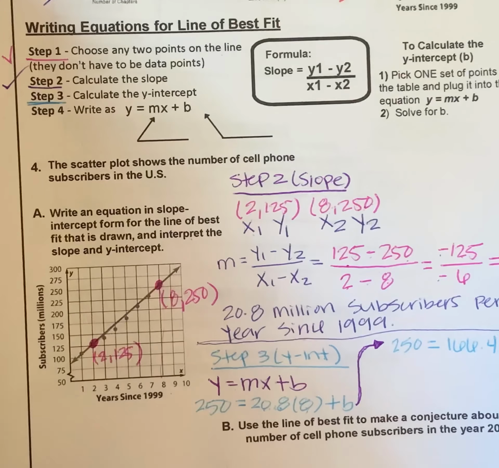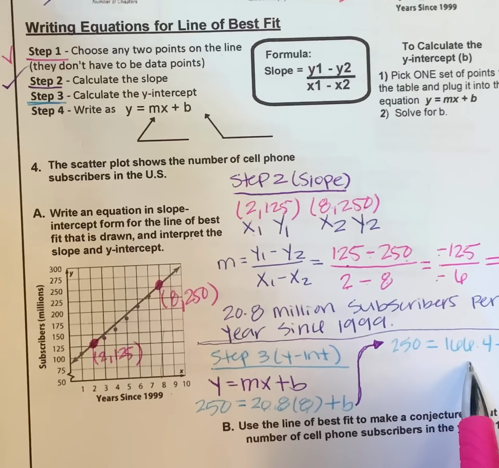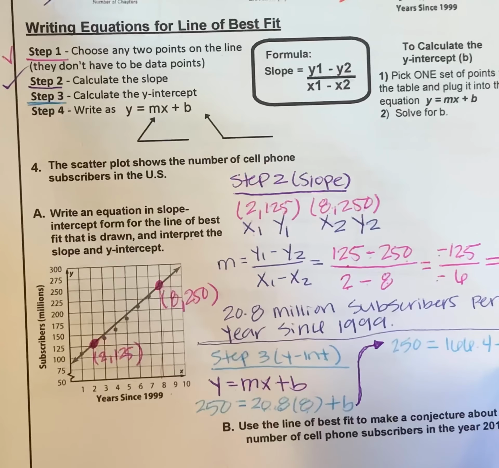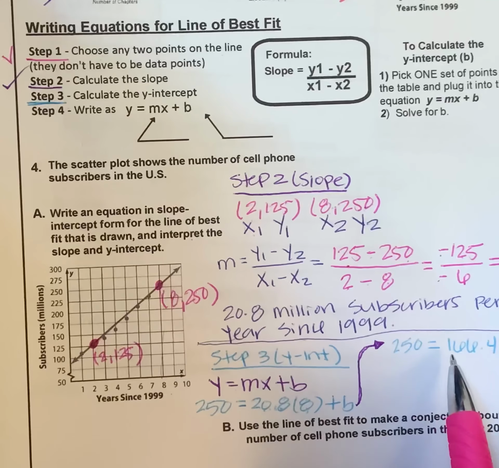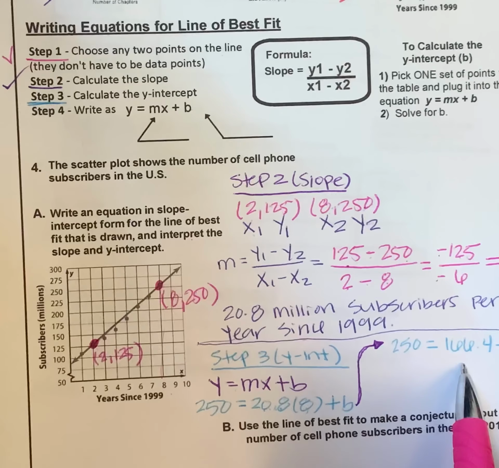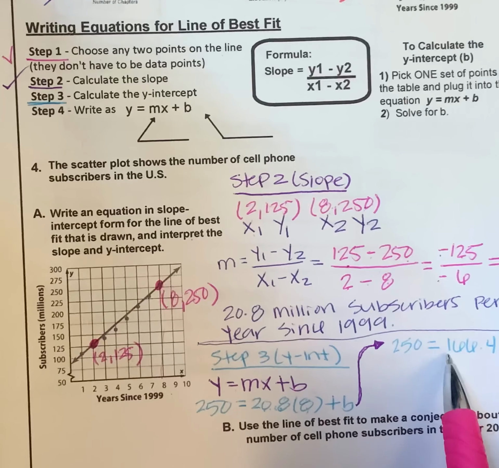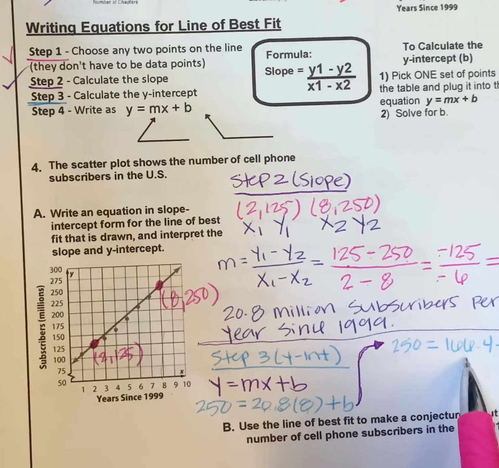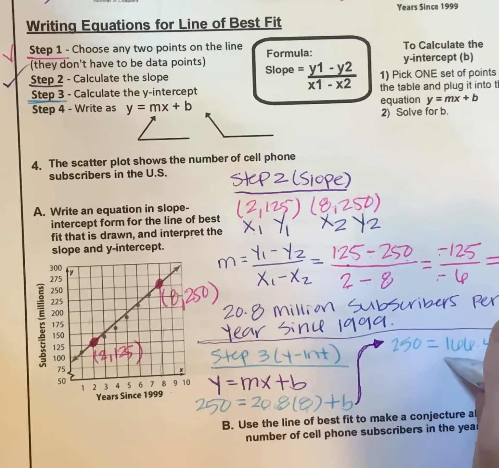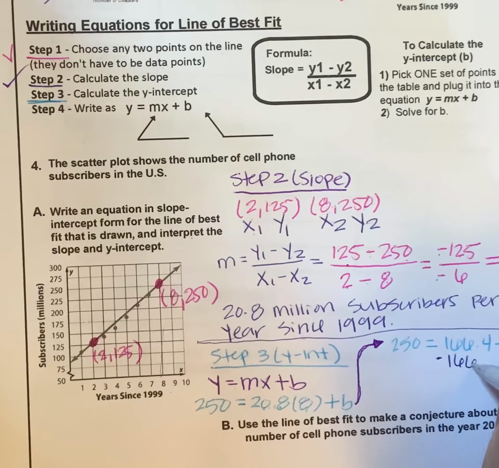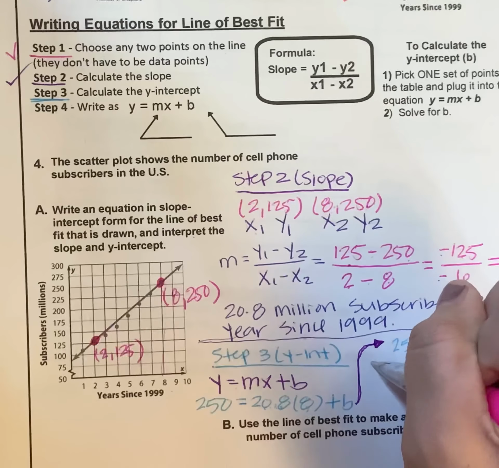So you all know the next step very well. We've been practicing this the entire school year. In order to get rid of one number and get a variable by itself, we have to subtract that number from both sides of the equation. And the reason that we are subtracting is because this is a positive number. So let's subtract 166.4 from both sides of the equation.